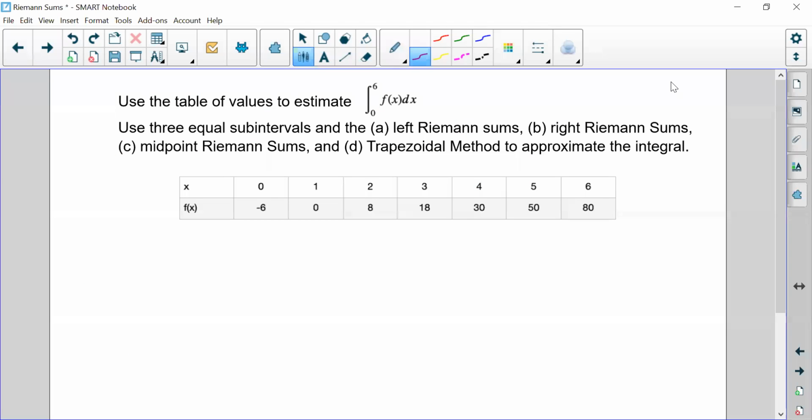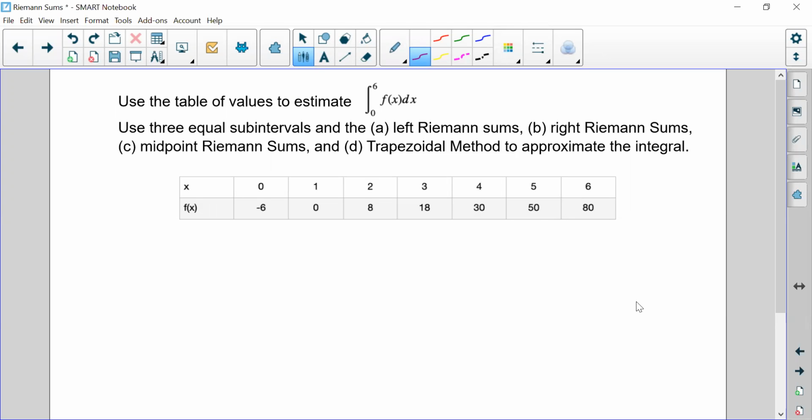All right, now you will often see Riemann sums used in application problems. I'm going to do a couple of basic examples. And in real life, I mean, think about it. When you're doing an experiment or you're collecting data from a survey or something like that, you're not going to know the function value. So a lot of times in these real life applications, we don't know what our function is.